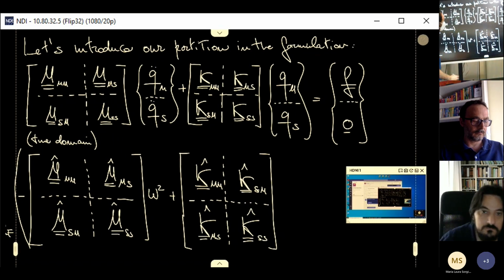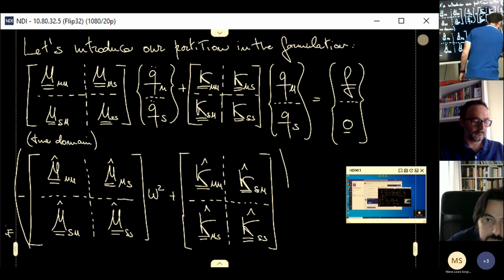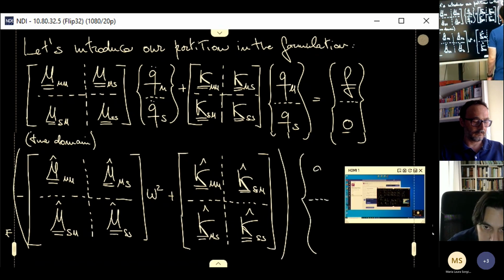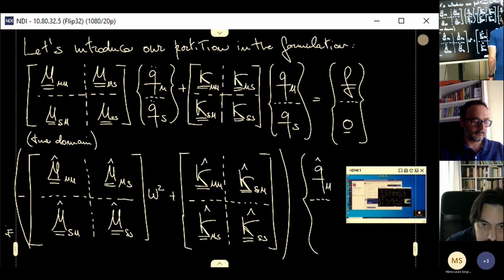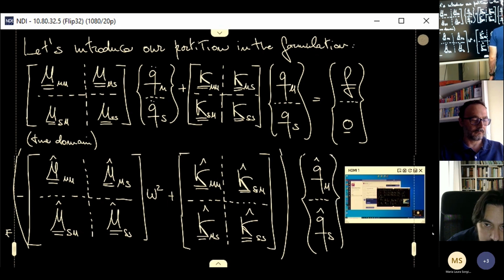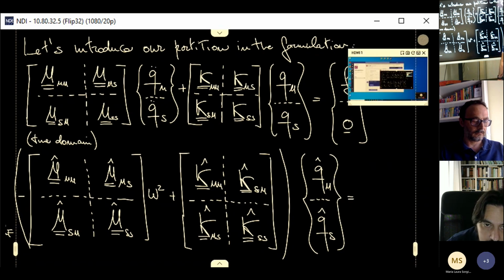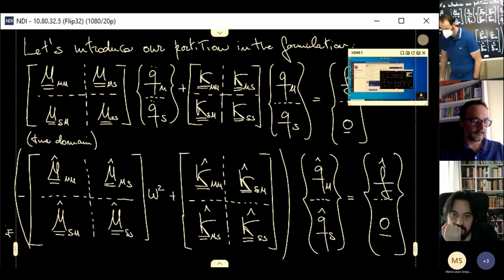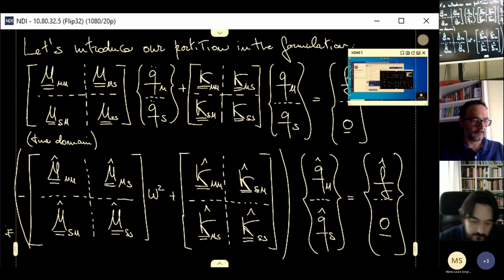Okay, all of this multiplying the vectors of the Fourier transforms of the nodal coordinates equal to the external forces, again as a Fourier transform. Okay. So this is the frequency domain.